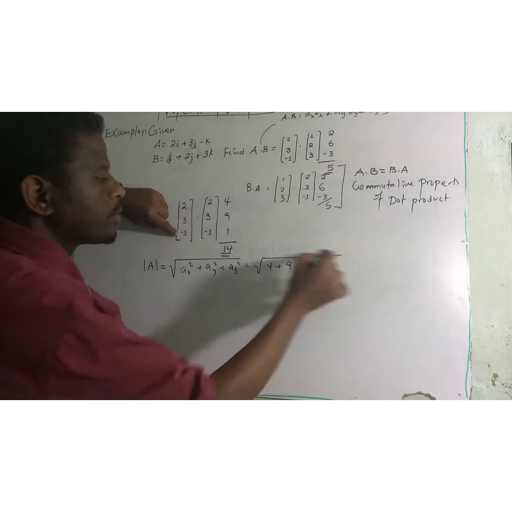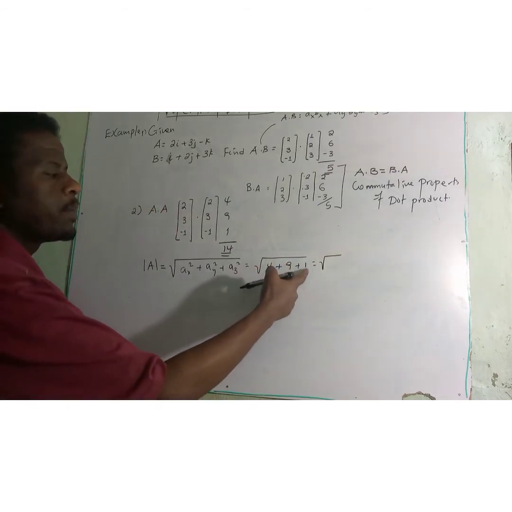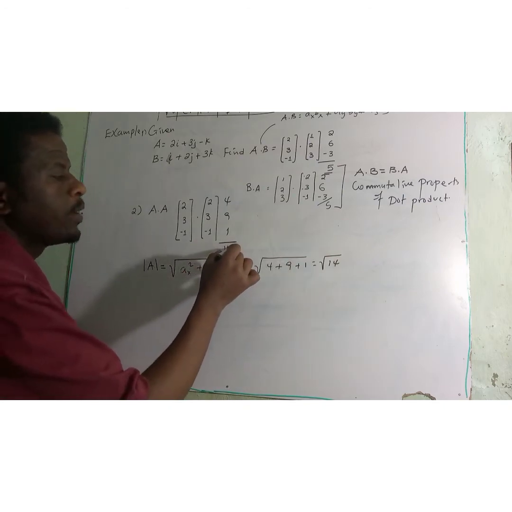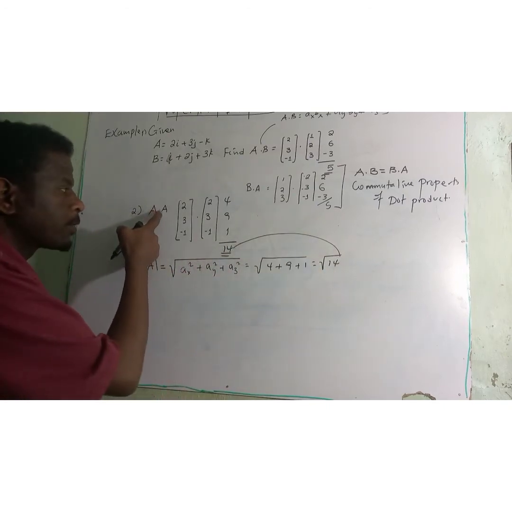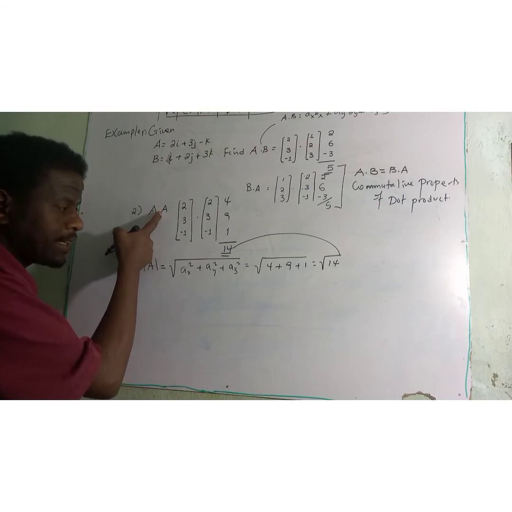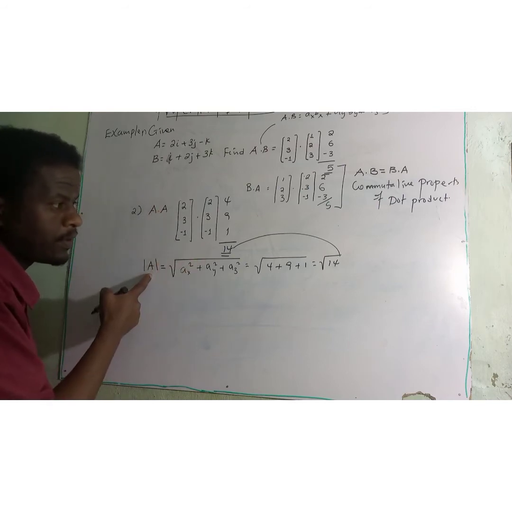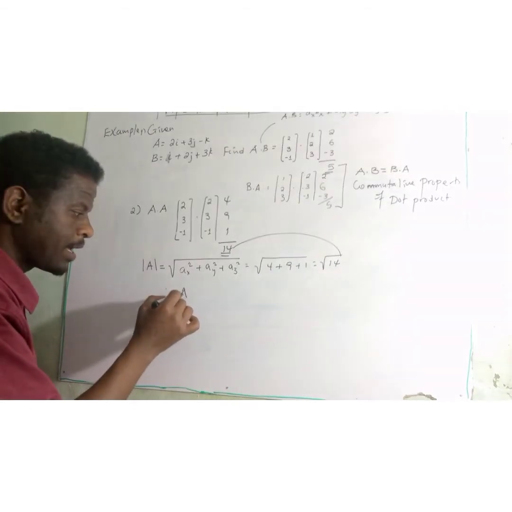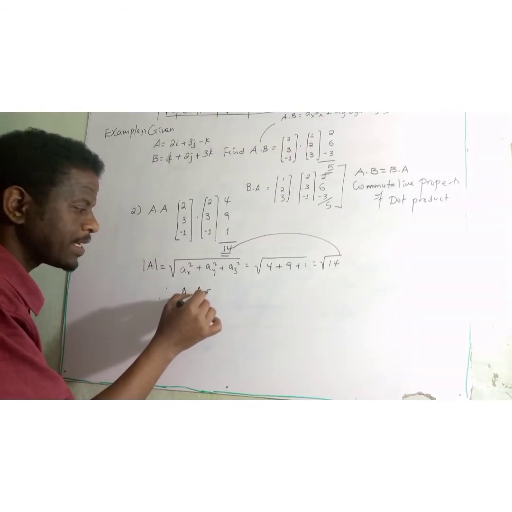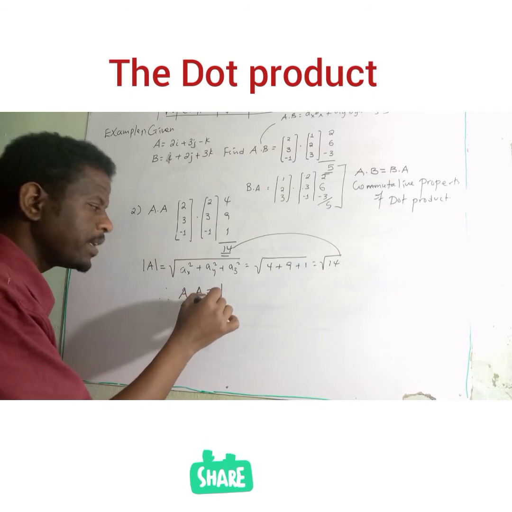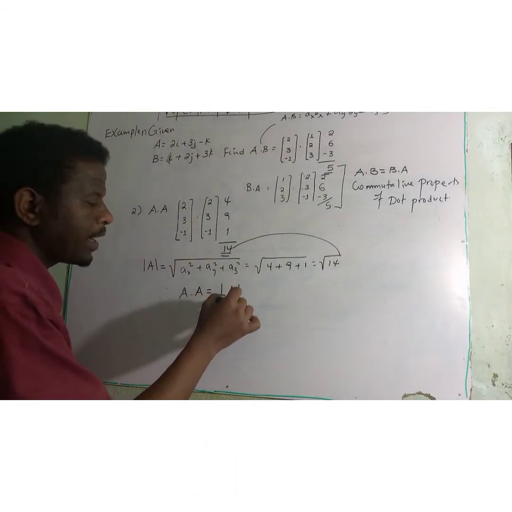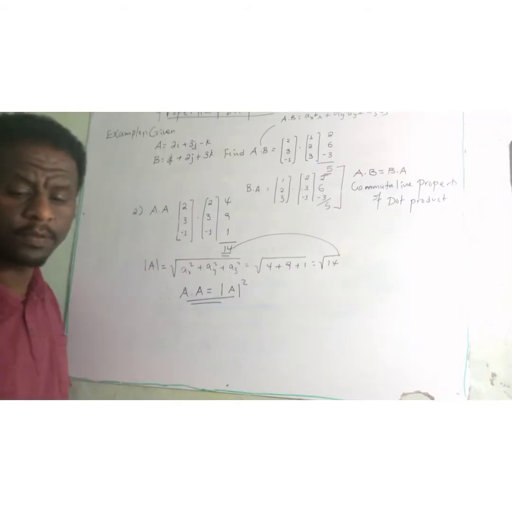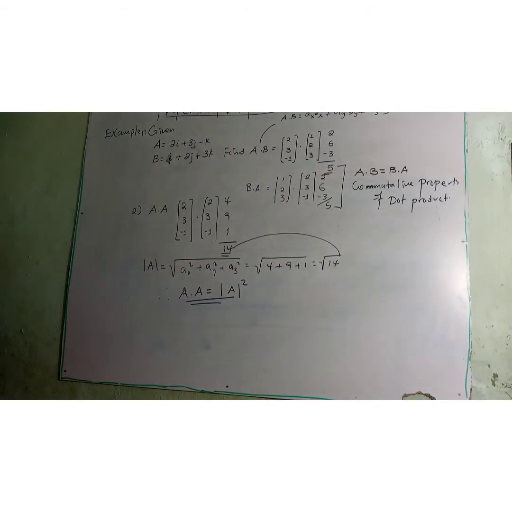This is equal to the square root of 9 plus 1, 10, plus 4, which is 14. When you compare the dot product of the vector with itself and the magnitude of the vector, we have that A dot A is equal to simply the magnitude of A squared. This is the second property of the dot product.